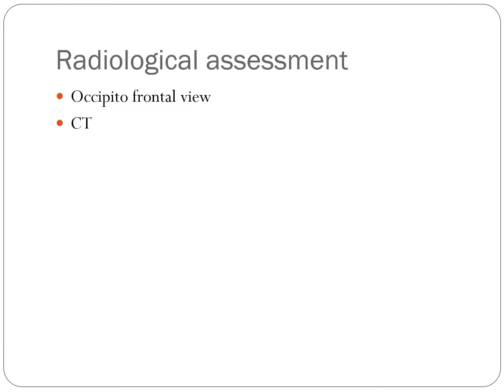So going for the radiological assessment, there is the occipitofrontal view, that means CBCT, 3D CT like that. We will go for intrathecal fluorescein and MRI, because with CSF rhinorrhea there will be high chances of meningitis.